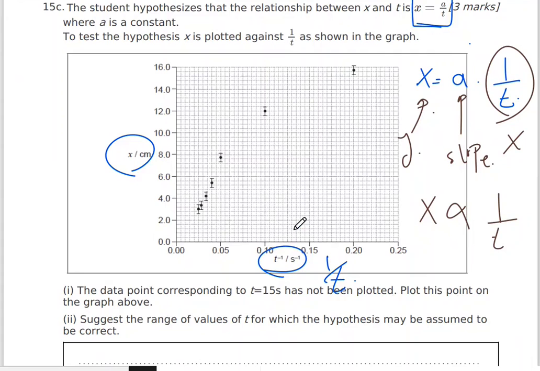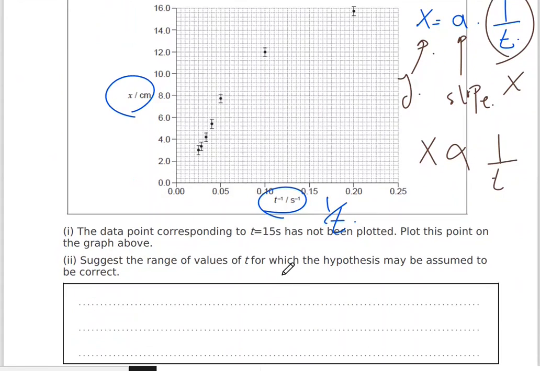At t equal 15 seconds, 1 over t is 1 over 15, which is 0.07 second inverse. Now here, from 0 to 0.05, I have 10 squares.